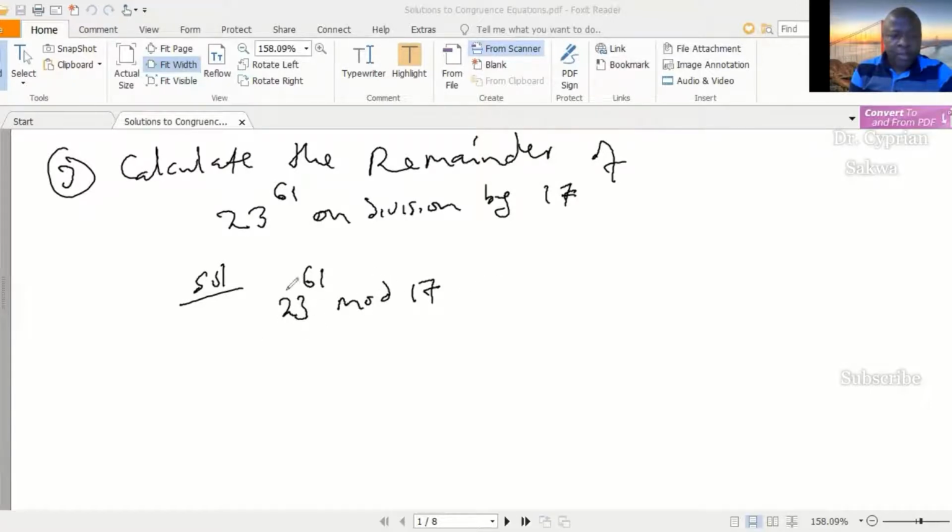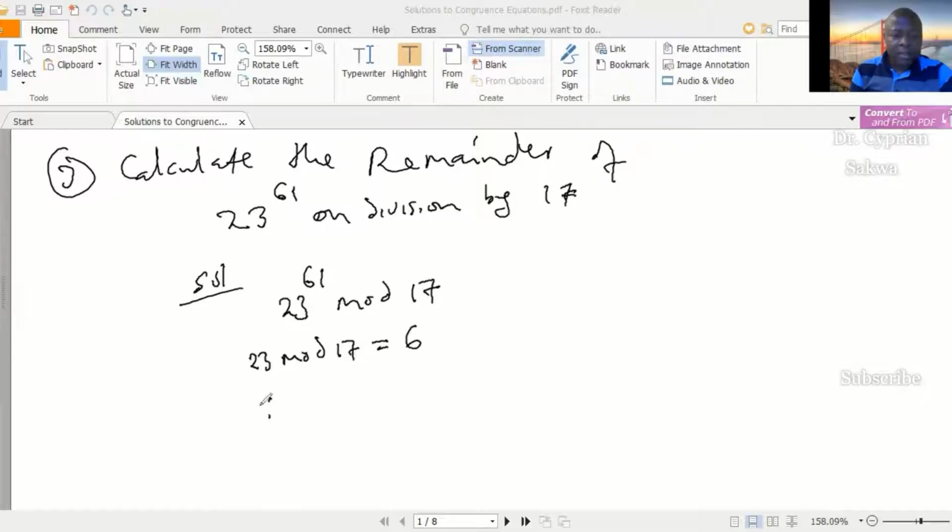So first of all, I'll reduce this 23 mod 17. What is 23 on division by 17? What is the remainder? I can see that if 23 is divided by 17, the remainder will be 6.